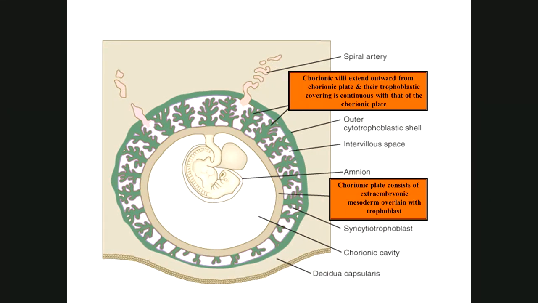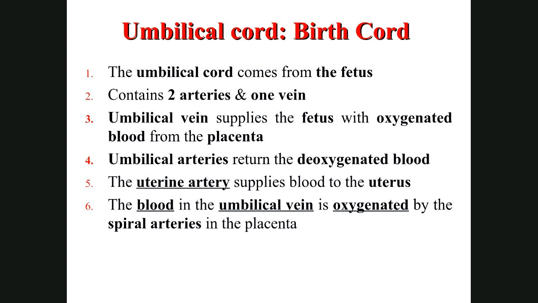Right. So, what about the umbilical cord? The umbilical cord comes from the fetus, attached close to the center of the placenta. It contains two arteries and one vein.